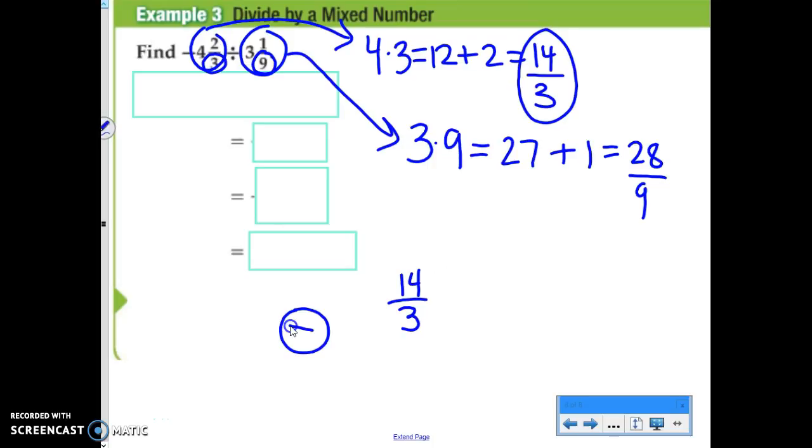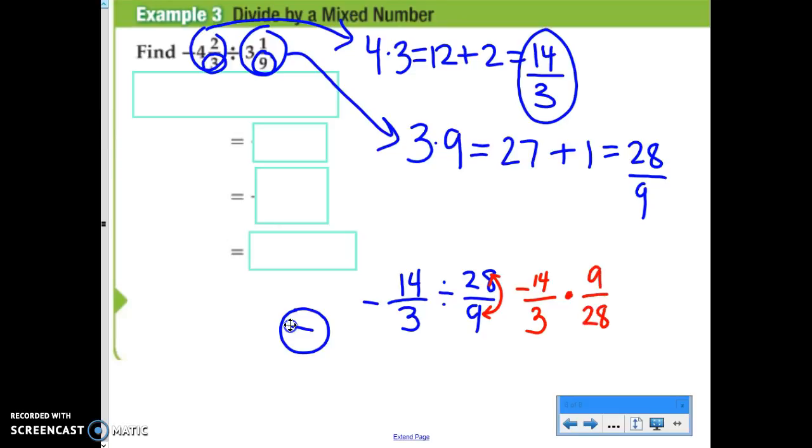So really what this means, these mixed numbers, it means that I have negative 14 thirds divided by 28 ninths. Now, because again, we know we don't divide fractions, I'm going to rewrite this as negative 14 over 3 times the multiplicative inverse, or the reciprocal of this, which is 9 over 28.